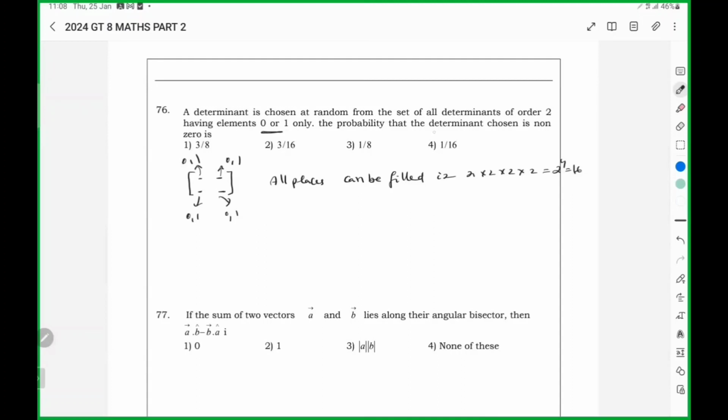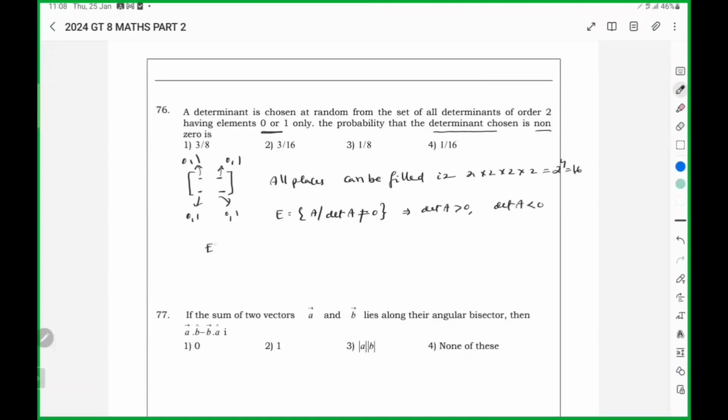Among that, the chosen determinant here is the set of all matrices whose determinant is non-zero. Non-zero means the determinant can be positive or the determinant can be negative.